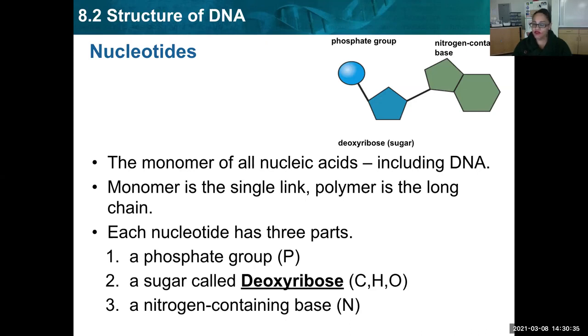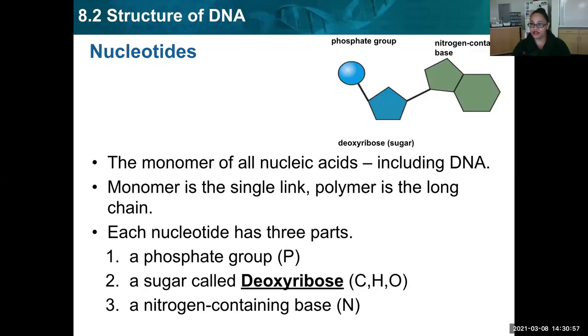But if you break it down further, each nucleotide has 3 parts. They have a phosphate group. There's your P, your phosphorus, out of your SCHNOPS. A sugar called deoxyribose. Sugar is made of carbon, hydrogen, and oxygen in different forms.